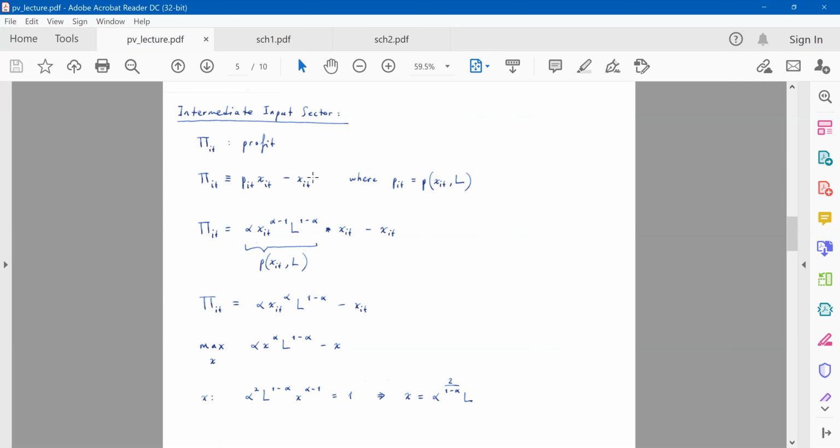Okay. Then I solve this problem as any other monopoly problem. So I know the demand curve, right? So this is the inverse demand. So I can write the revenue only as a function of my production level. Then the problem is very simple.